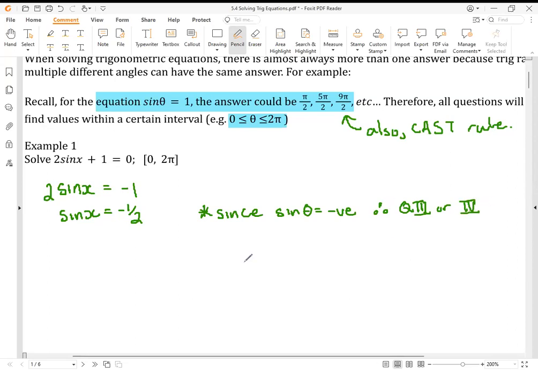Right. So there's a couple of things we need to think about. Number 1, you look at the sign. Oh, it's in quadrant 3 or quadrant 4. What angle gives me 1 over 2 in quadrant 3 and quadrant 4? Well, let me try it. We have quadrant 3, quadrant 4. And again, if you can do this in your head, amazing.